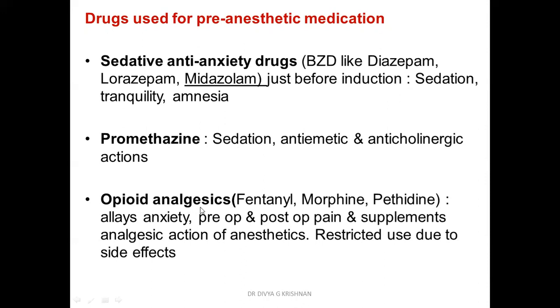Then you can give opioid analgesics like morphine, fentanyl, pethidine, because this will decrease the anxiety. They also add to the analgesic action in the pre and post-operative period. However, they are of restricted use because of their obvious ADRs.